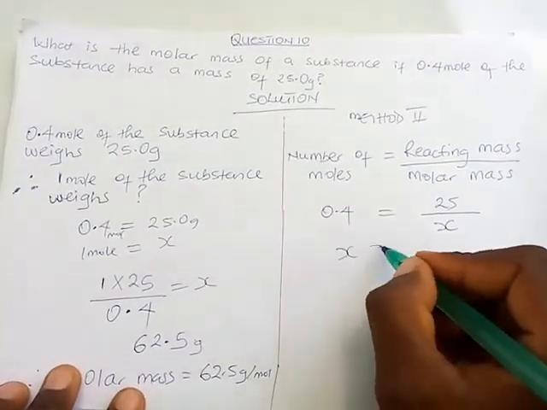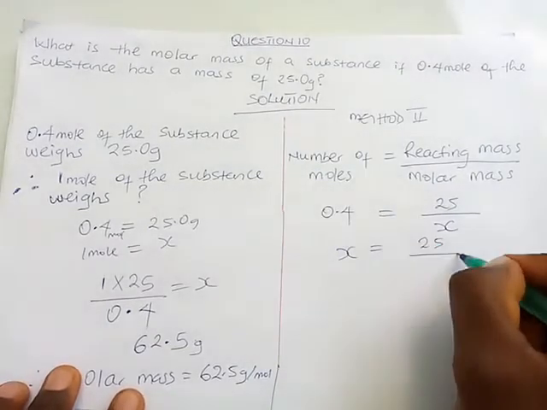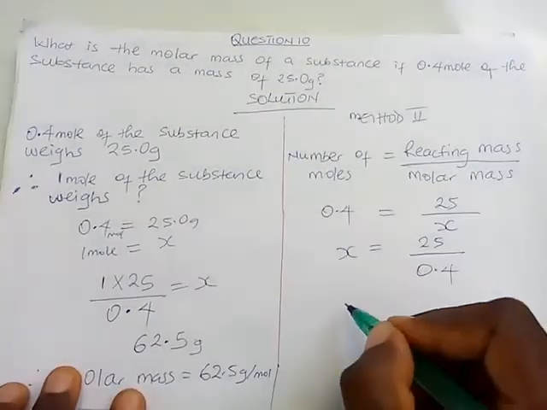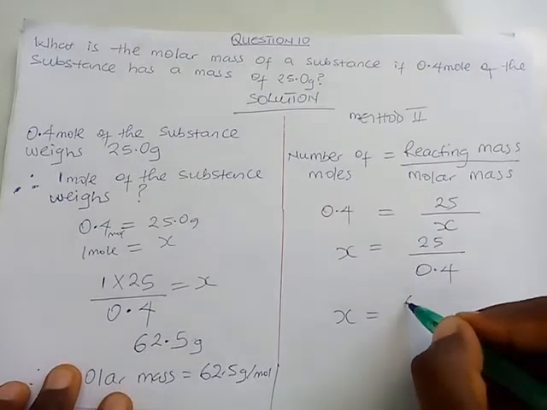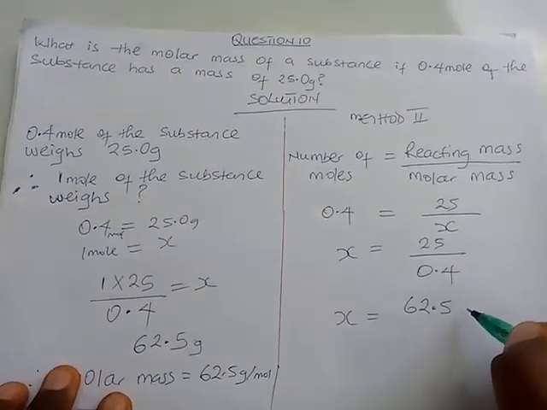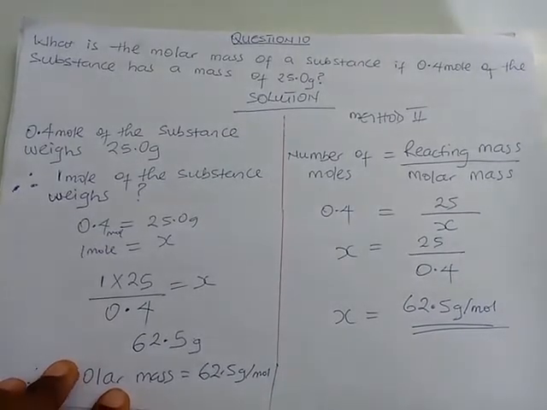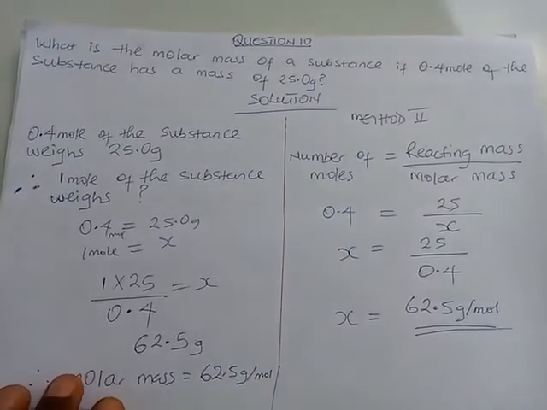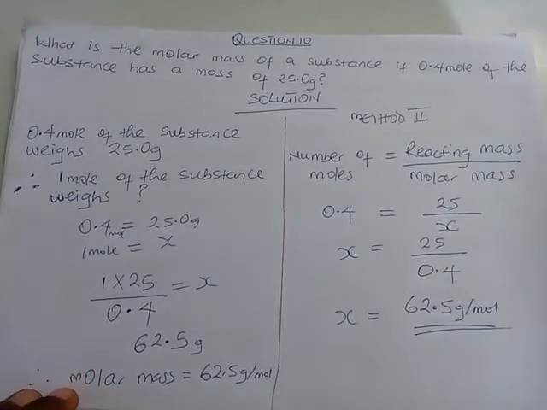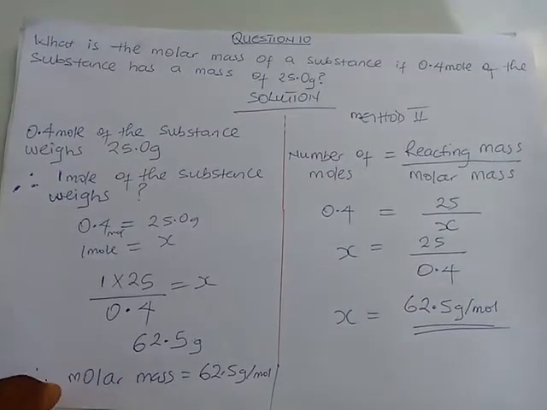Therefore, x is equal to 25 over 0.4, so x is equal to 62.5 gram per mole. So that's the solution to question 10.